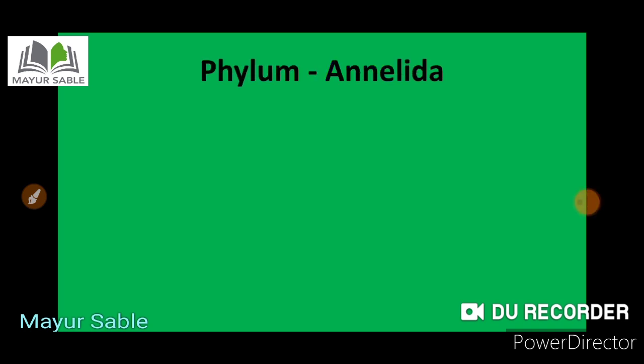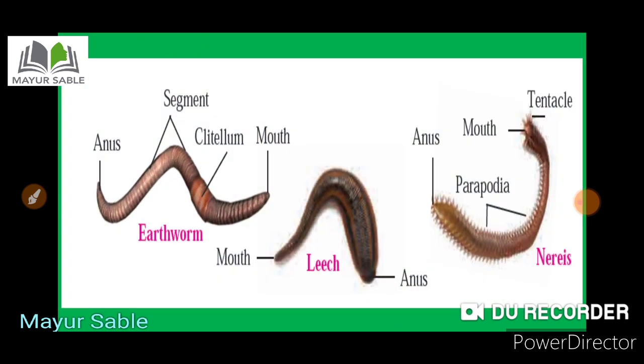The next phylum which we are going to study is the phylum Annelida. Remember, the body of the Annelida is long, cylindrical and metamerically segmented. Most of the animals are free living, but a few are ectoparasites. Free living animals may be marine or freshwater dwellers or terrestrial also. Those animals are triploblastic, bilaterally symmetrical and eucoelomate.